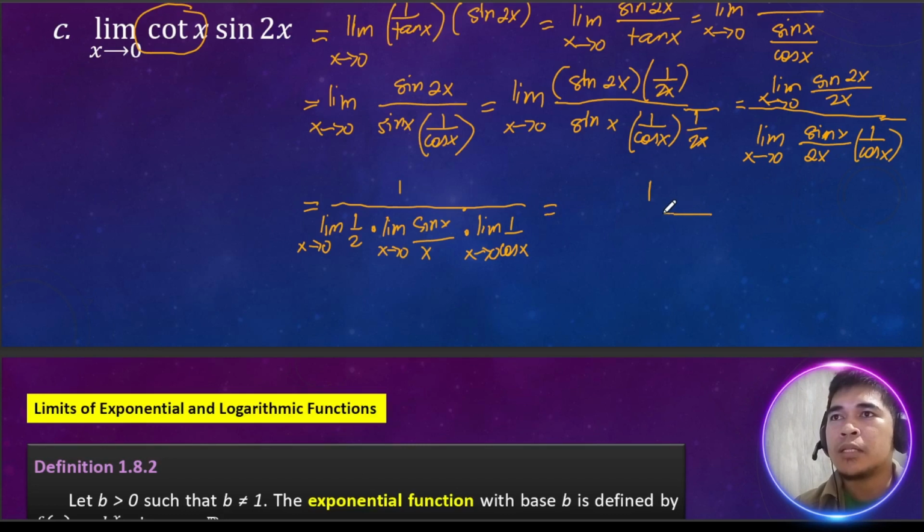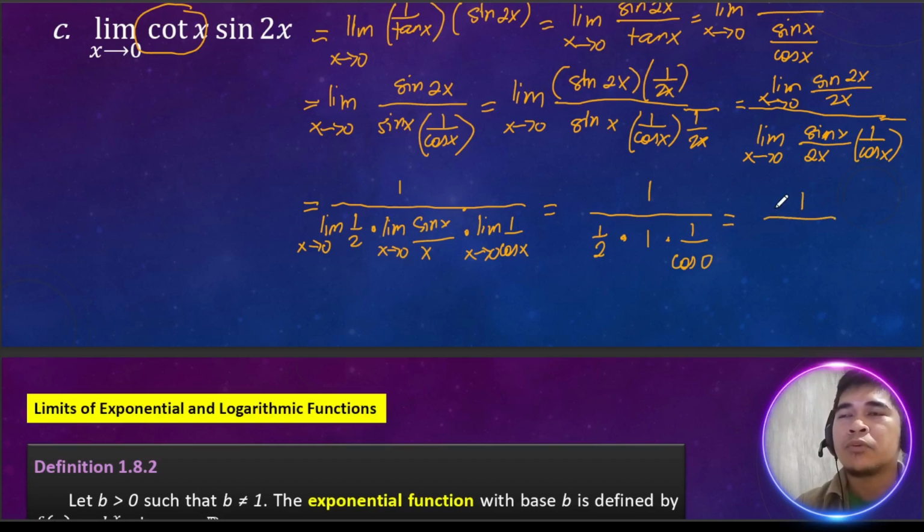So we get 1 over limit of 1 half, times limit of sine x over x, another 1, times limit of 1 over cosine x, that is 1 over cosine 0, equals 1 over 1 half times 1, that is 1 half, and 1 over cosine 0 is 1.